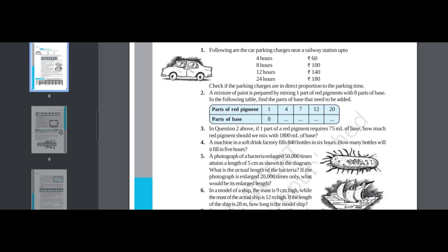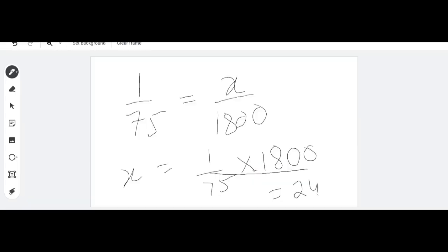Question number 4. A machine in a soft drink factory fills 840 bottles in 6 hours. How many bottles will be filled in 5 hours? So in 6 hours, this is the x, and y is 840, and x1 is 5 hours, we have to find the y2. So let's mention the bottles and let's mention the hours.